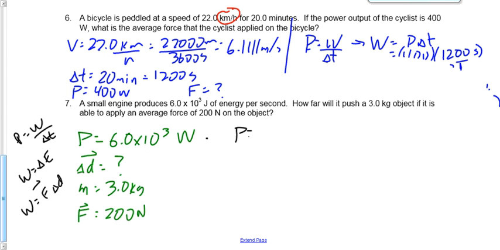Power is equal to work over time. Let's try that. Just kind of thinking aloud right now. Work is equal to power times time. Let's go this way, actually. Let's try this. This probably isn't the way you're going to want to end up doing it.